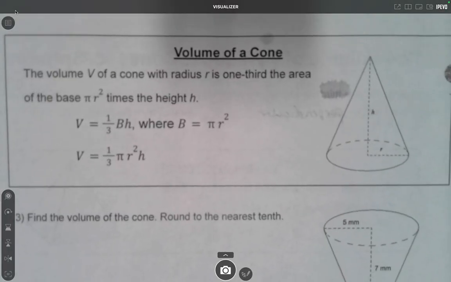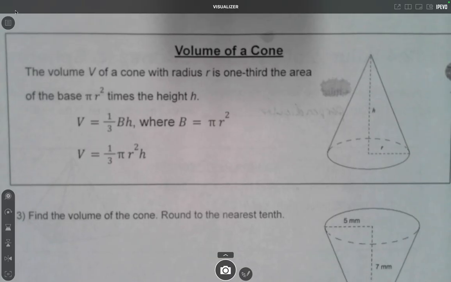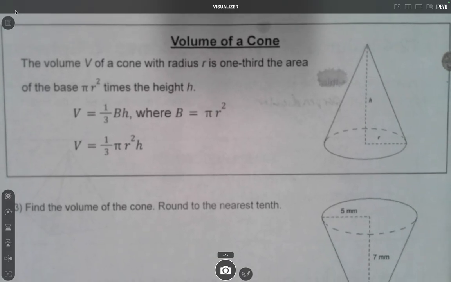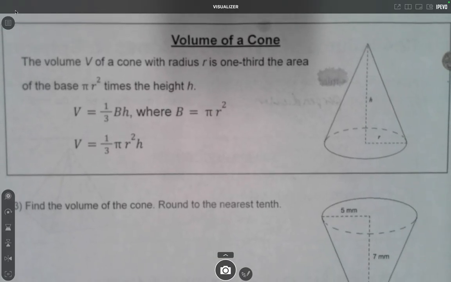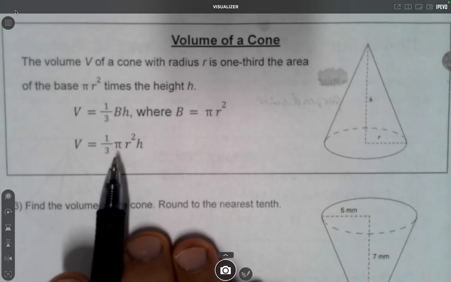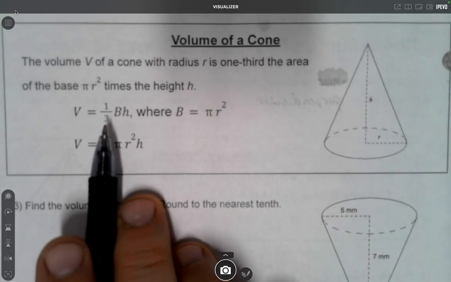So that's pyramids. Now let's look at cones. So the volume of a cone. The volume of a cone with radius r is 1/3 the area of the base pi r squared times the height h. So this actually means it's 1/3 of the volume of a cylinder, because a cylinder was identical to this formula except didn't have the 1/3.